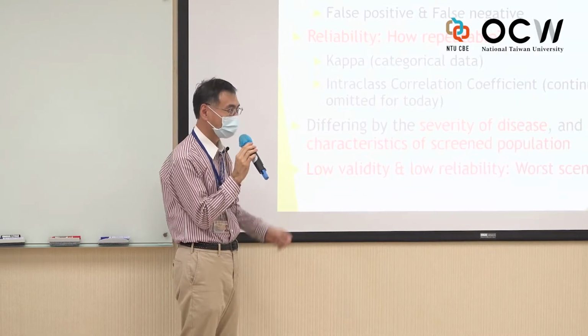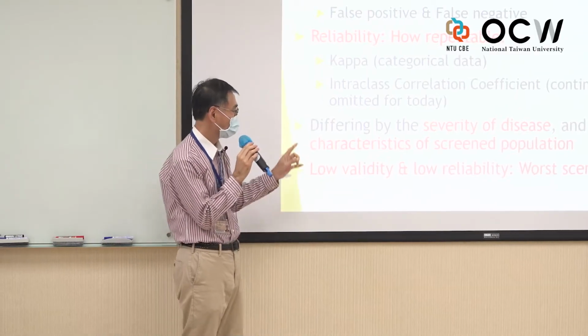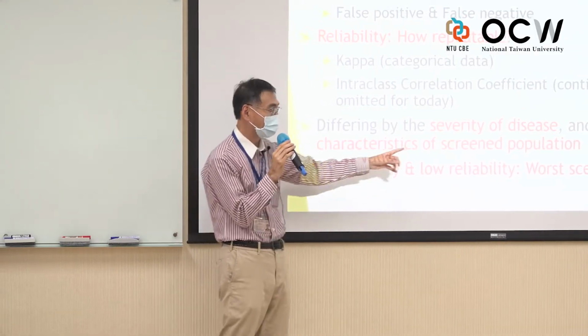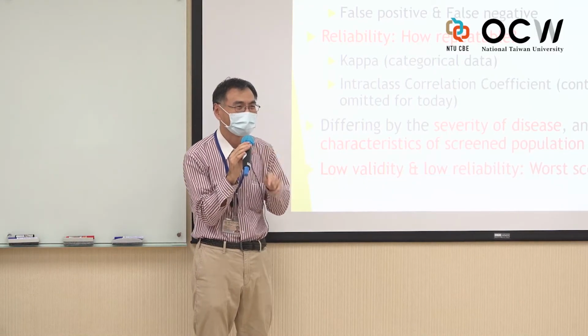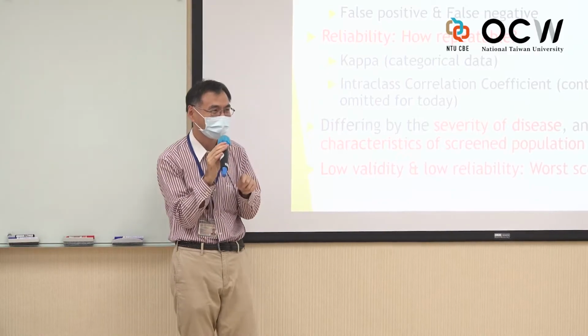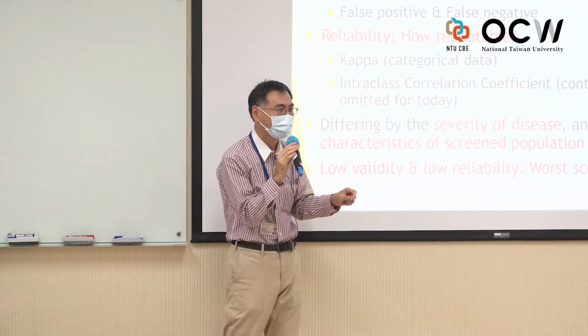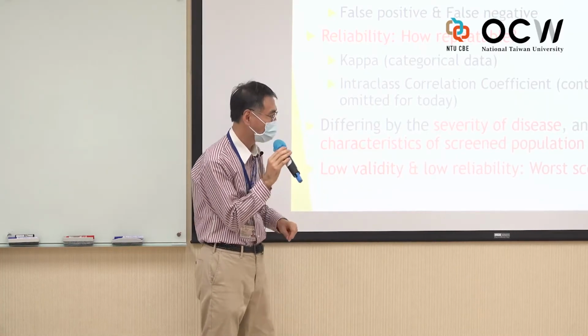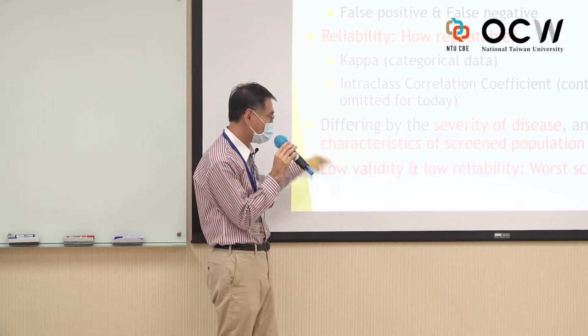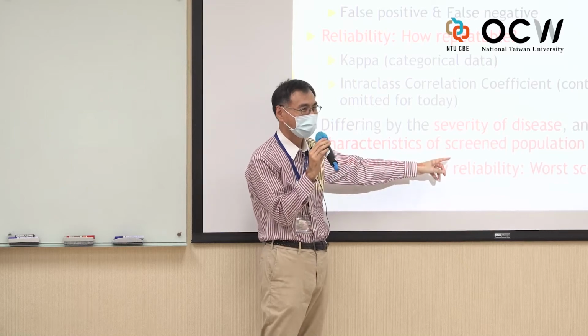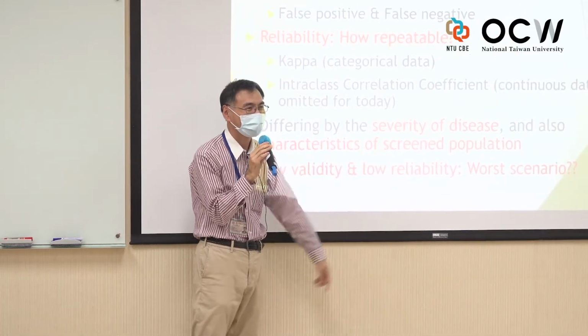No, right? Yeah, so the worst scenario should be low validity but high reliability. So the tool always gives you a wrong answer, right? That's the worst scenario. You're spending money to get the wrong answer all the time, right? So low is not the worst scenario. The worst one is low validity but high reliability. It just repeatedly gives you the wrong answer, right?